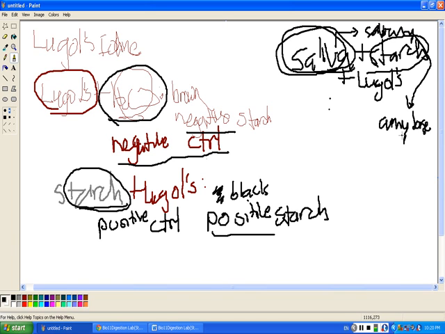It doesn't break it all the way down to glucose yet, but it possibly can break it down to maltose, which is 2 glucose together.